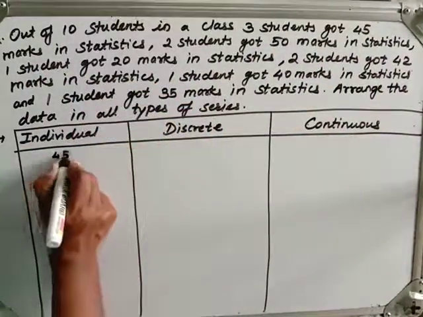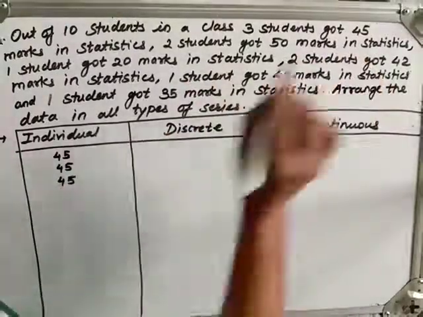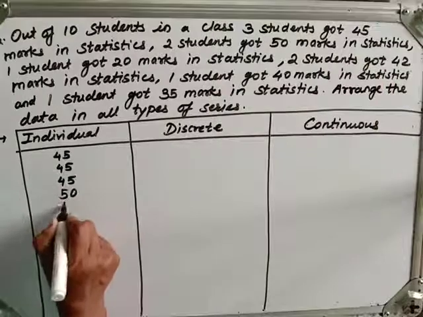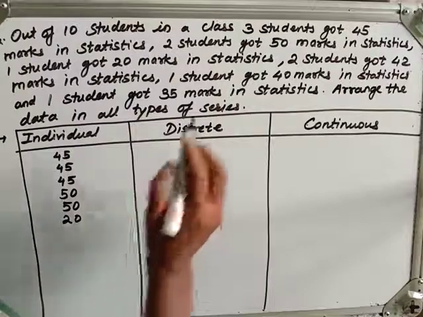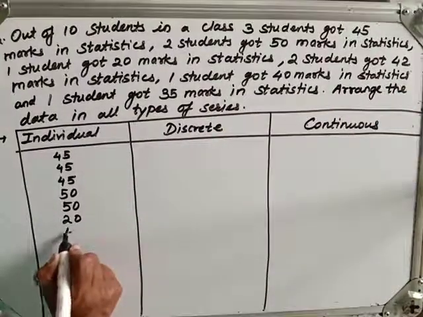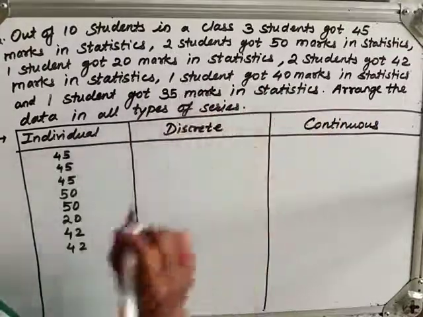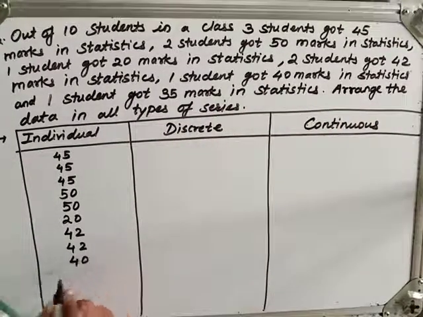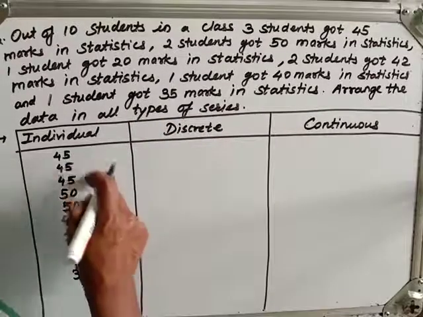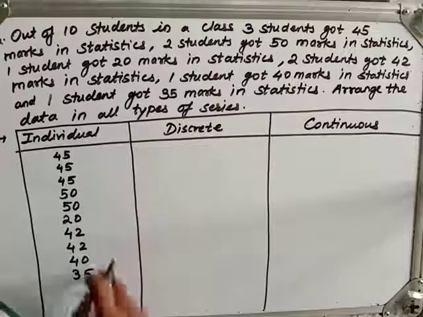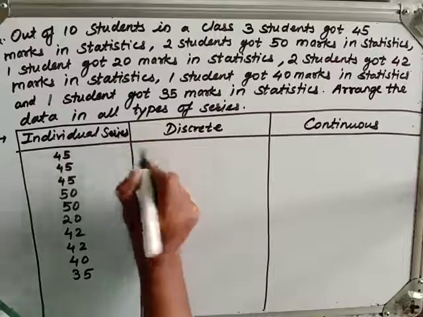So here 45, 45, 45. 2 students got 50 marks, so we write 50, 50. 1 student got 20 marks, so 20. 2 students got 42 marks, so 42, 42. Then 1 student got 40 marks, so I must write 40. 1 student got 35 marks, so I must write 35. As such, we have to write these. So that series is known as the individual series.